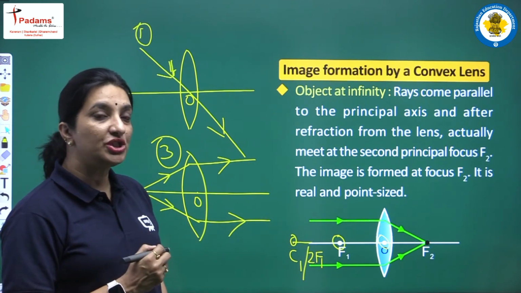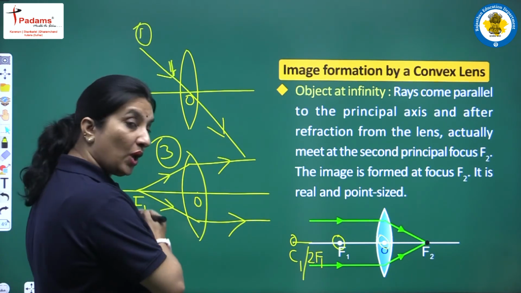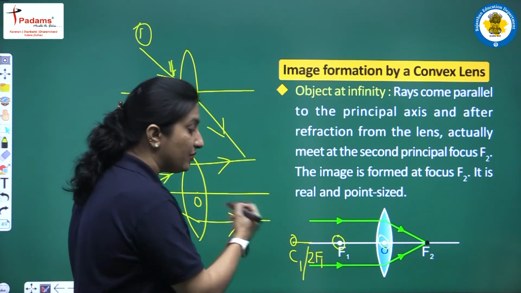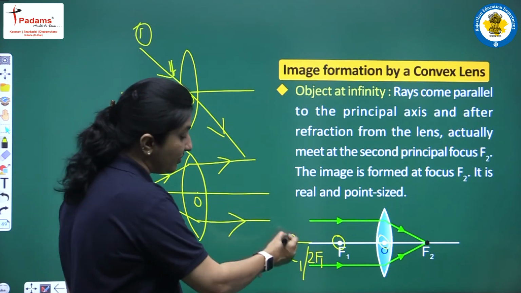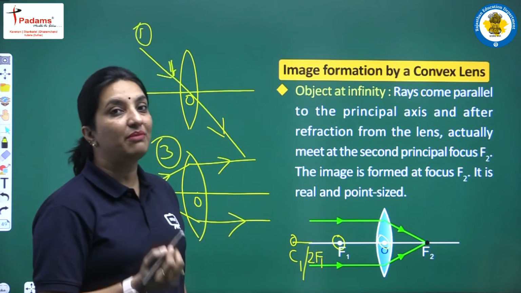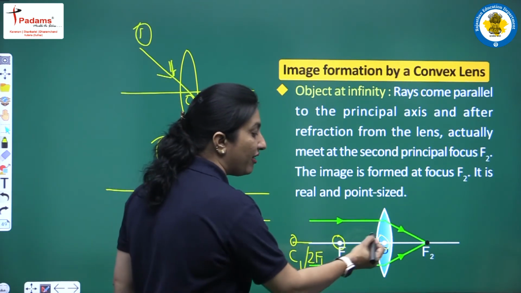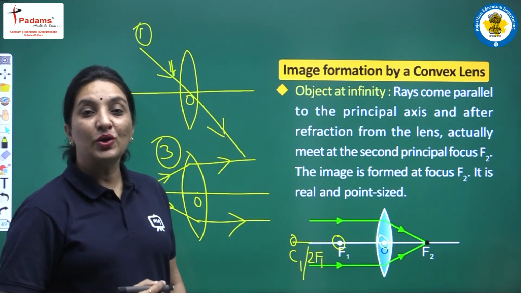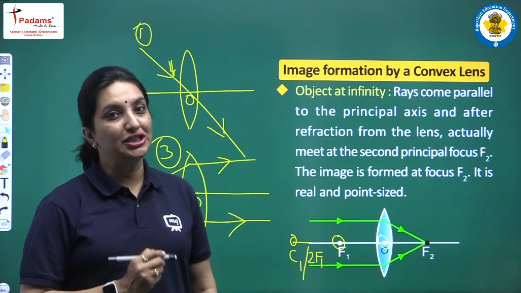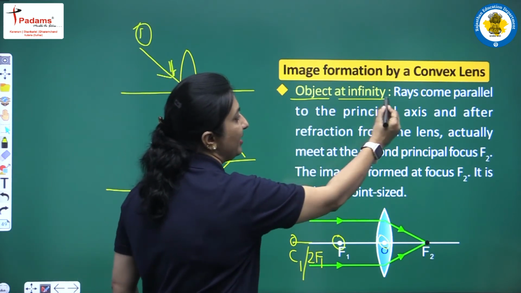What can be the 6 positions? The object can be placed at infinity or between infinity and C1, then it can be at C1, then between C1 and F1, then on F1, or between F1 and O. So let's start with the first position, which is when the object is at infinity.